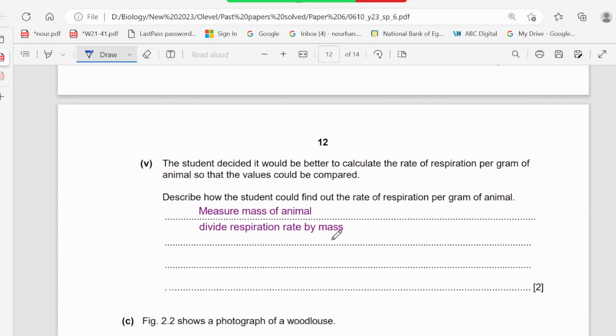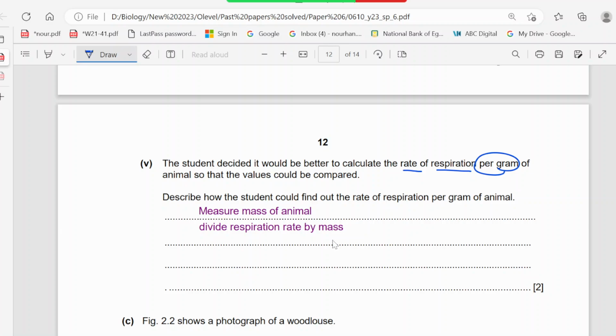Okay, the student decided it would be better to calculate the rate of respiration per gram so that the values could be compared. The 4 species might have different mass, so we should not compare them together like that. So to be able to compare them, it says I will calculate the rate of respiration per gram.